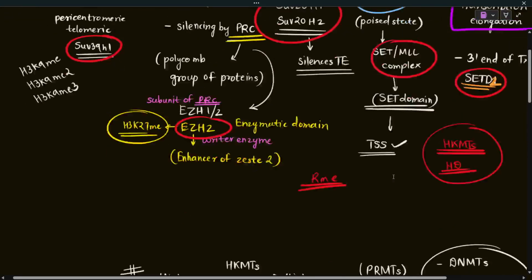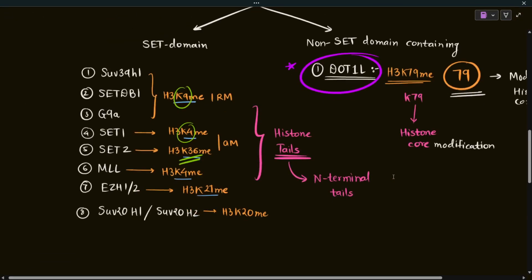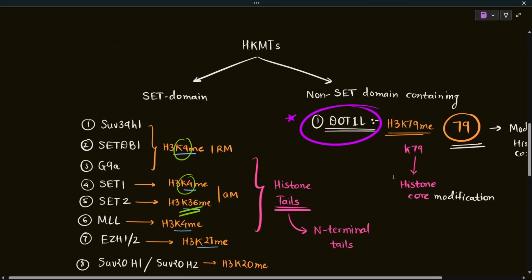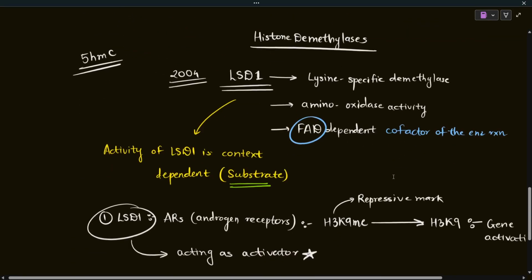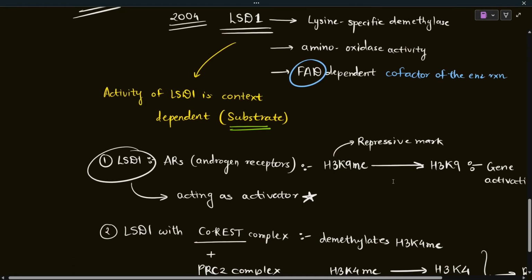We have learned all of this in the previous lectures. We also discussed the enzymes, the HKMTs and histone demethylases. So till now we were only discussing histone lysine methylation. In the next lecture, we will discuss histone arginine methylation. And with that, we will be done with the histone methylation part.